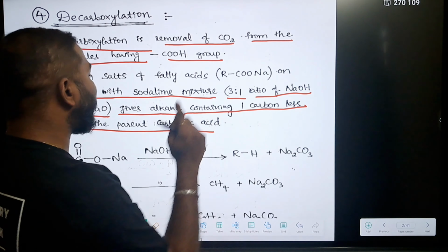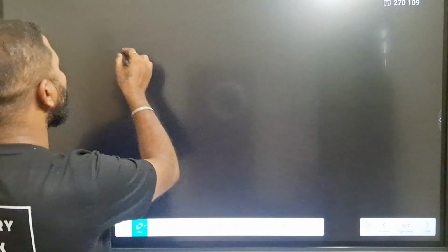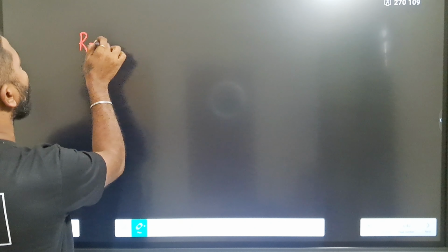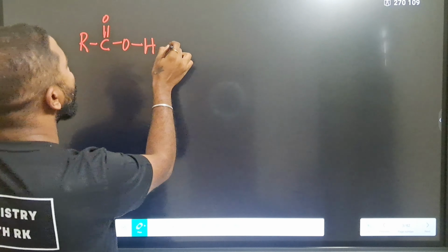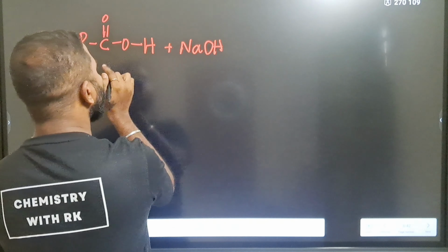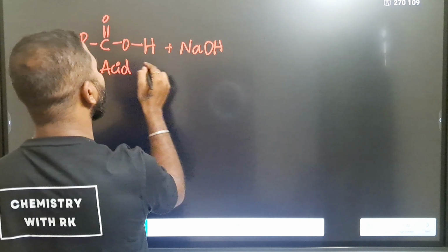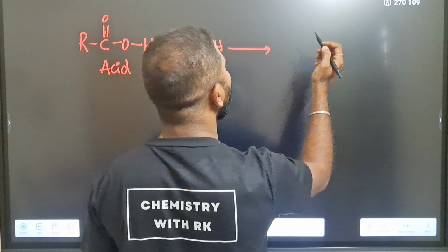Keeping that point in mind, take RCOONa, the sodium salt of a carboxylic acid. Firstly, I would like to tell you where we get this sodium salt from. You know very well that RCOOH is the carboxylic acid, and when it reacts with NaOH, which is a base, we get its corresponding salt and water.